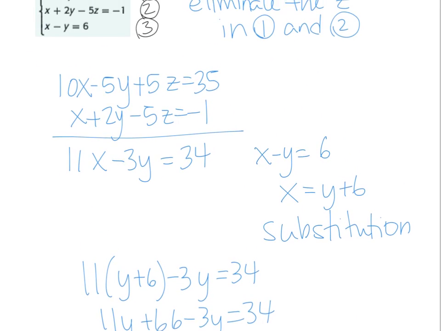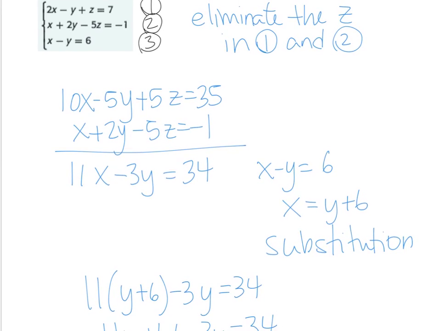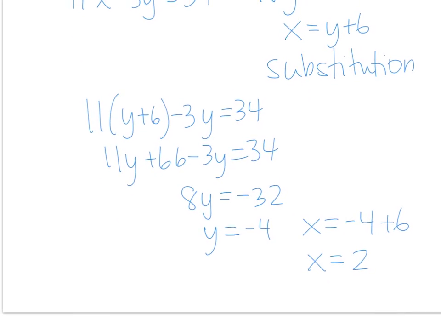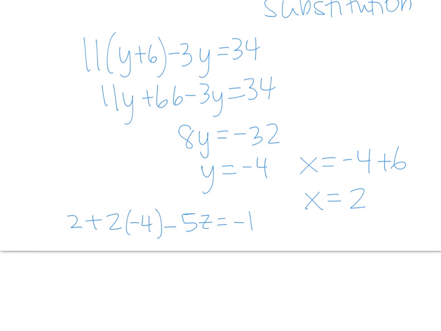And then substitute those in equation 2, which we would have 2 plus 2 times negative 4 minus 5z equals negative 1, and solve. It's negative 6, add 6, you get 5.